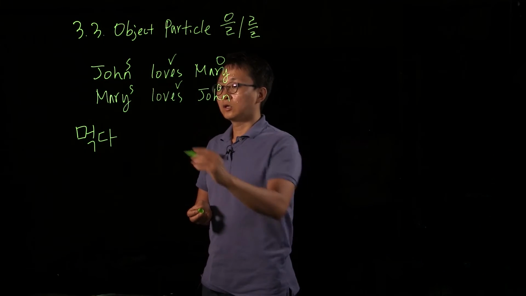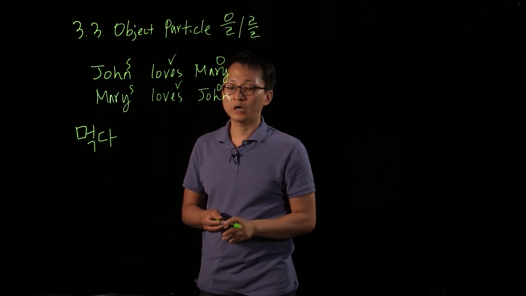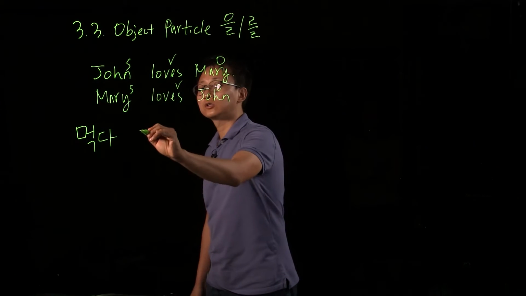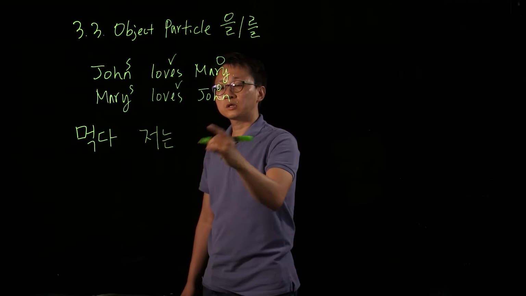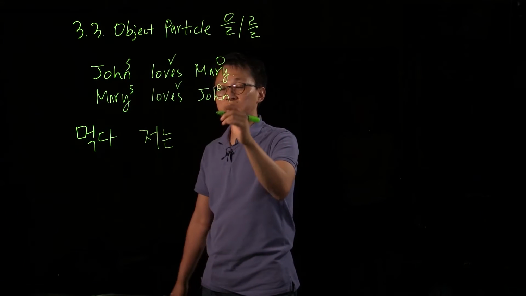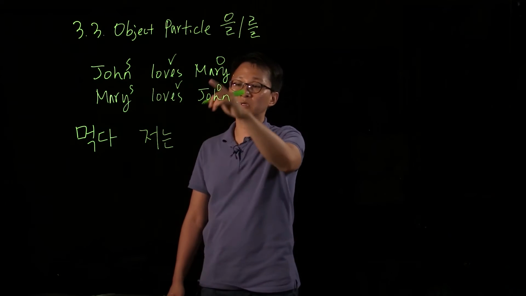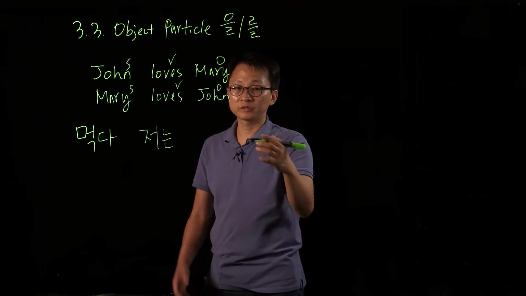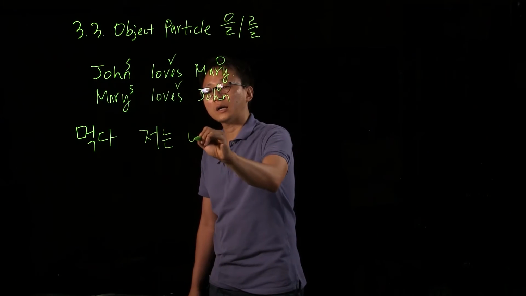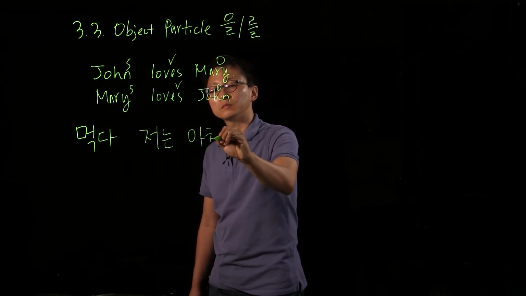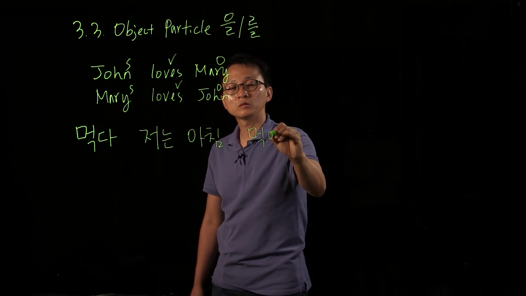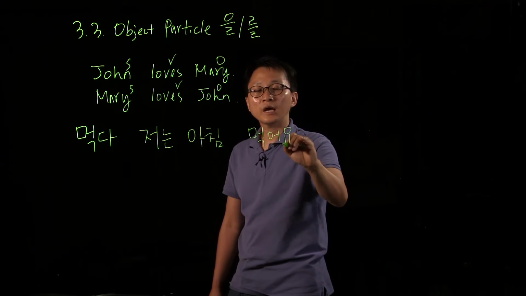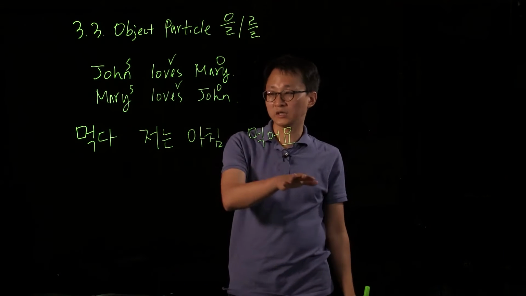Let's say you are eating breakfast, then 저는, the object comes before the verb. In Korean sentences are like subject, object, verb structure. So 저는 아침 먹어요. In casual speech, you can even say like this. 저는 아침 먹어요.